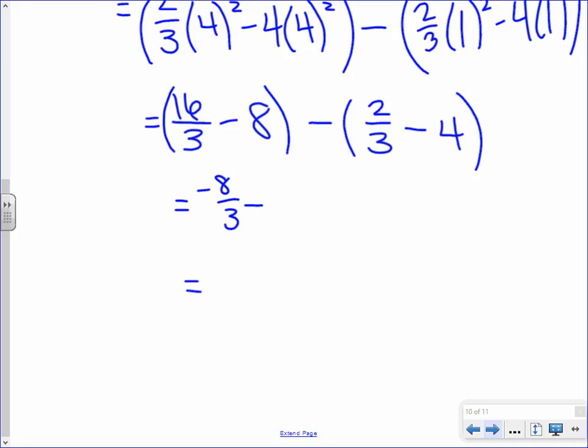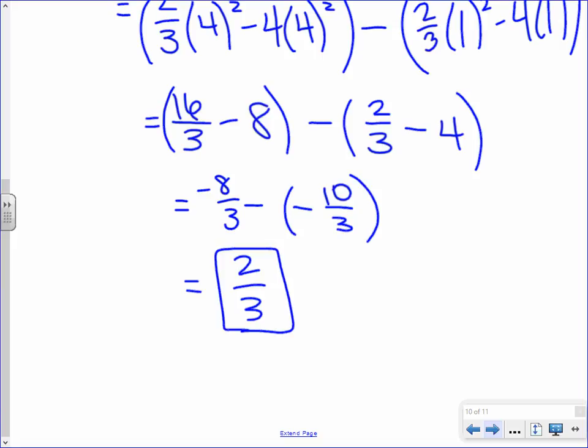So we're subtracting a negative 10 thirds, right? No, you're adding it. Yeah. Do we agree with the math now? Okay.